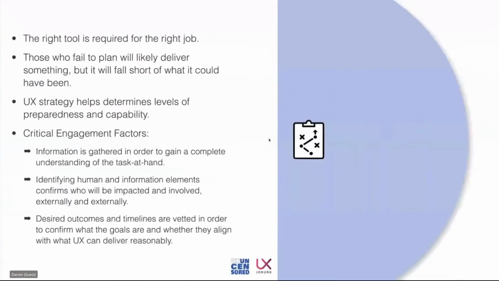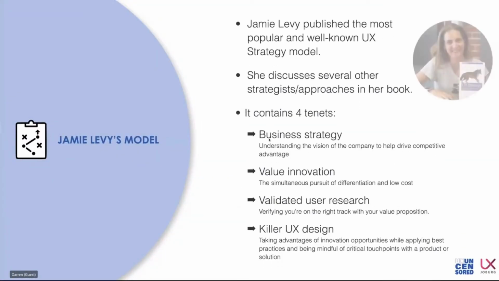So I hope that we're starting to broaden your perspective a little bit. Now, we can't talk about UX strategy without talking about the person who's likely the most known, the most famous, the most recognizable person in UX strategy spaces. And to my knowledge, Jamie Levy is the only person who has published a book that is dedicated to the subject of UX strategy.